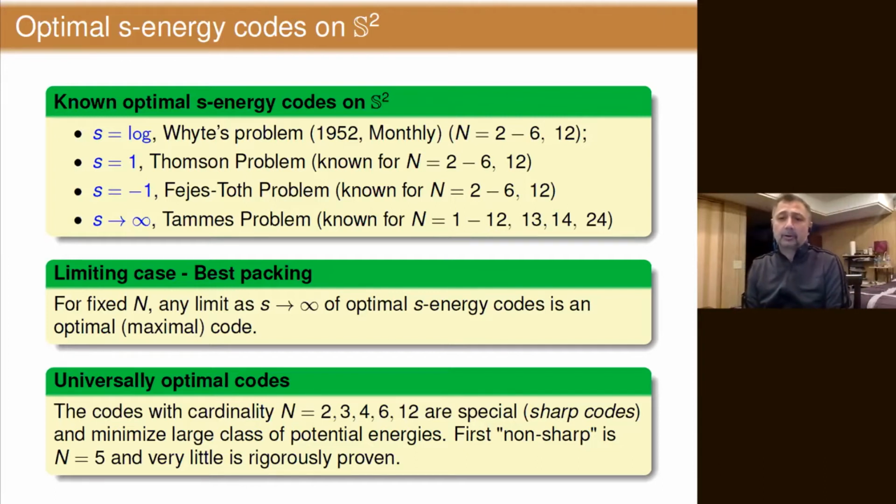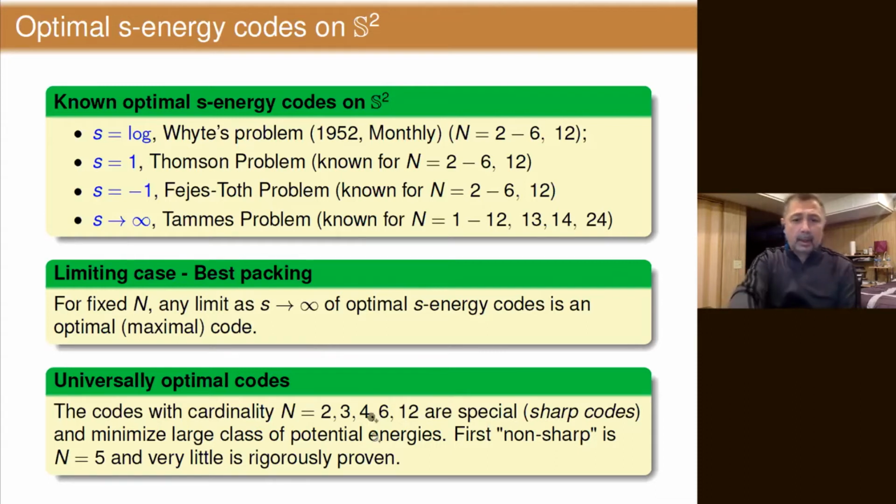And 24 is actually a nice paper by Robinson from 1961 that establishes maximizing the minimal distance for 24 points on the sphere. As s approaches infinity, the solution of the Tammes problem is also what we refer to as a maximal spherical code.